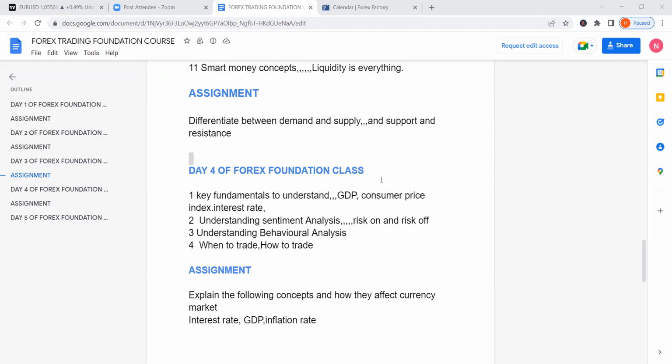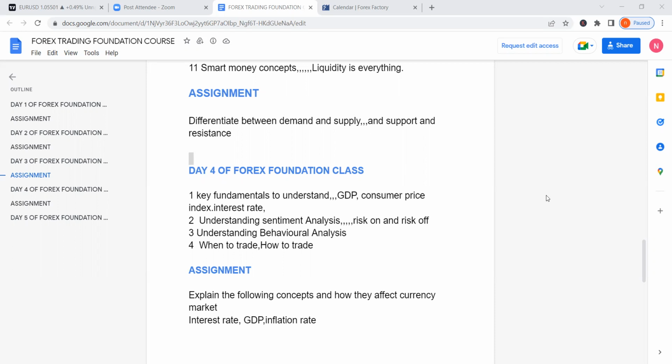All those currencies will gain a lot of strength, and that's what is called risk on. Many investors will diversify their portfolio into currencies. That is a risk on environment. And some of the safe haven assets like CHF and JPY will be falling. This is what is called risk on.